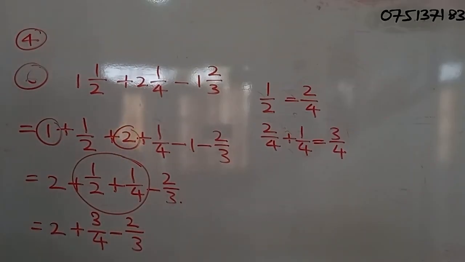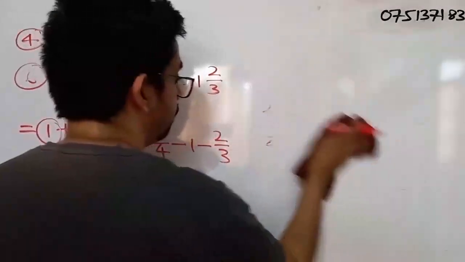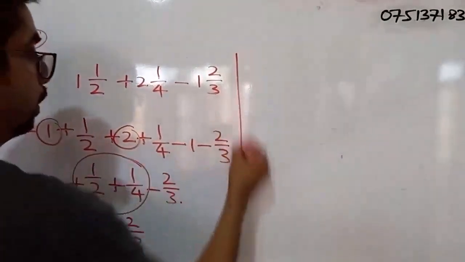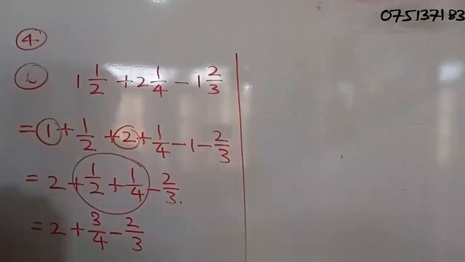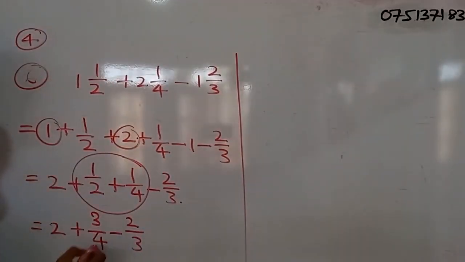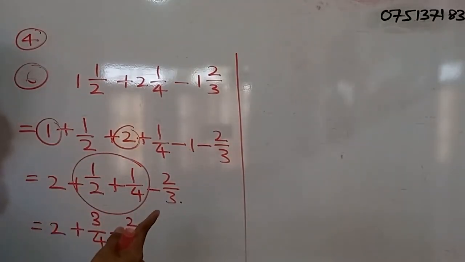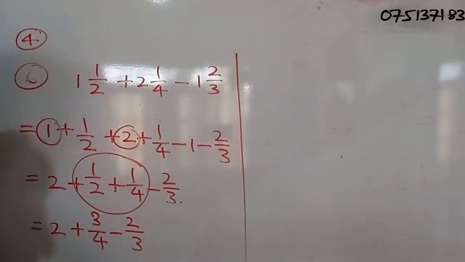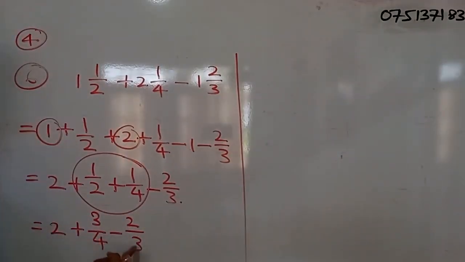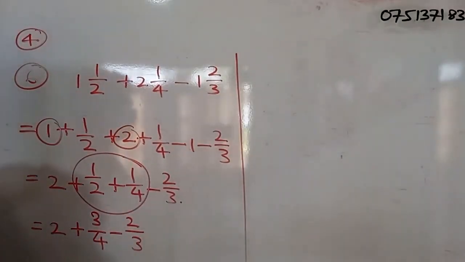Right? Okay. So I will continue the simplification over this side. So if we take 3 by 4 and 2 by 3, we have two denominators which are not equal. So we have to calculate the common denominator. And if we take 4 and 3, the common denominator between those two numbers is what? 12.